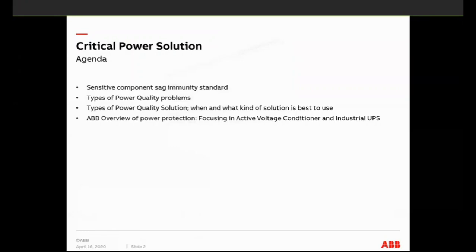Also, we will discuss the types of power quality problems and their solutions, when the solution is needed, and what kind of solution we need to use for each type of power quality issue. And lastly, we will have an ABB overview of power protection, focusing on active voltage conditioner and industrial UPS.